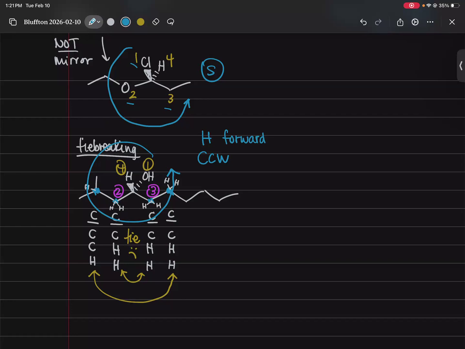Hydrogen is forward towards us on a wedge. So counterclockwise rotation of the 1, 2, 3. That gives us R configuration.